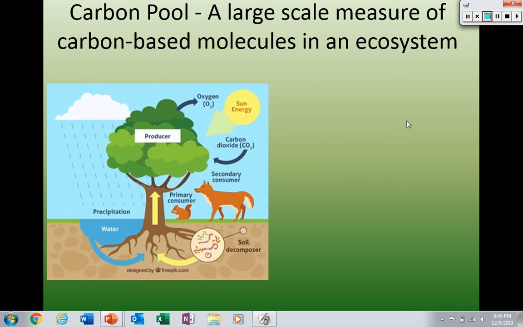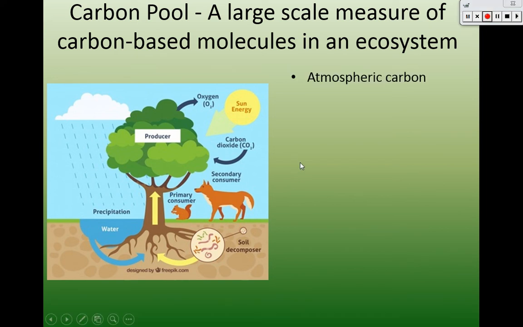So I'm going to go over the pools that we see here and what that means. First of all, there's atmospheric carbon. You can always talk about the carbon that's in the atmosphere, and that's always going to be CO2. A little bit of carbonic acid, if you're curious about the chemistry there, I'm more than happy to explain it to you one-on-one. Then we have producer organic carbon, and I'm saying organic because at this point the carbon in the producer is going to be in our big organic macromolecules.